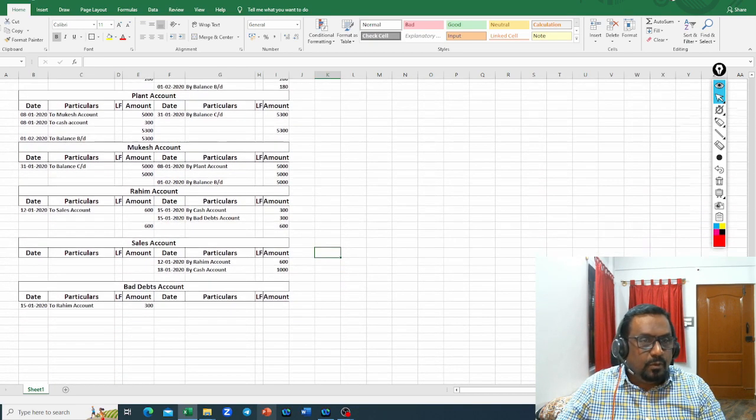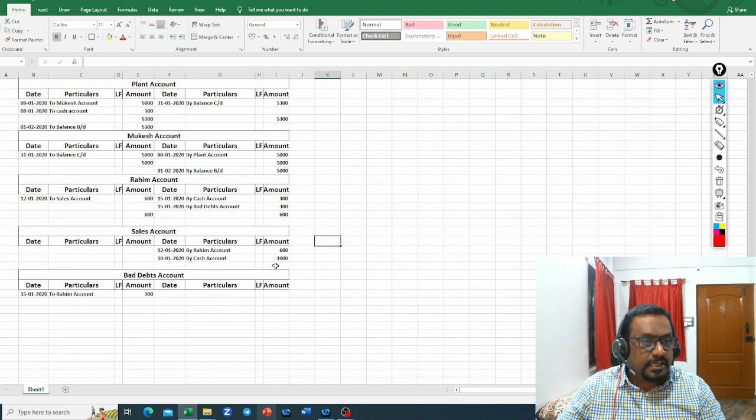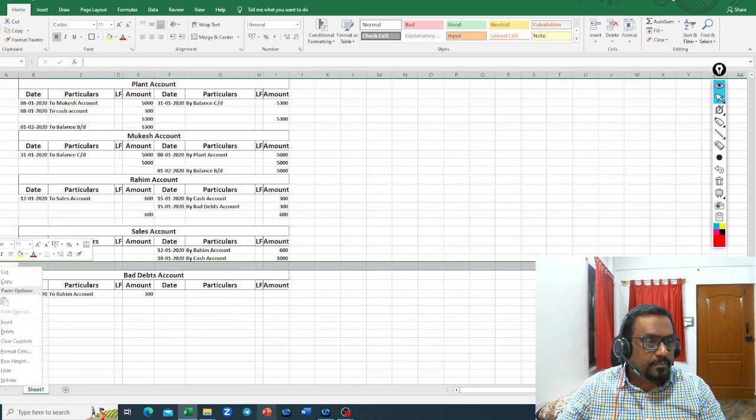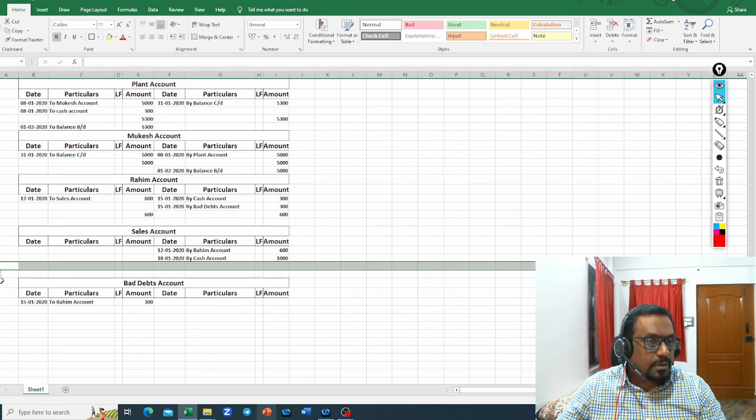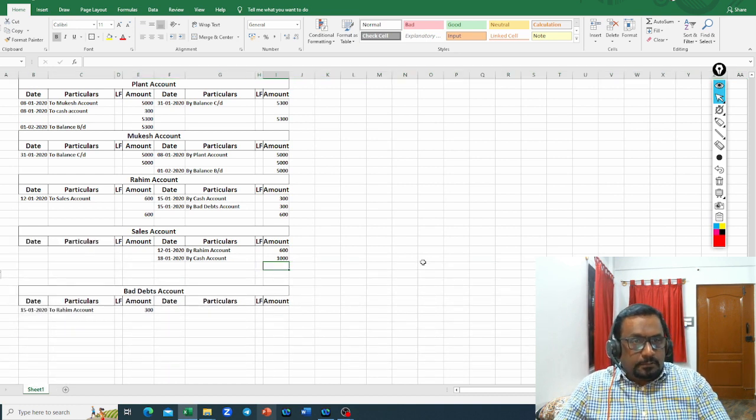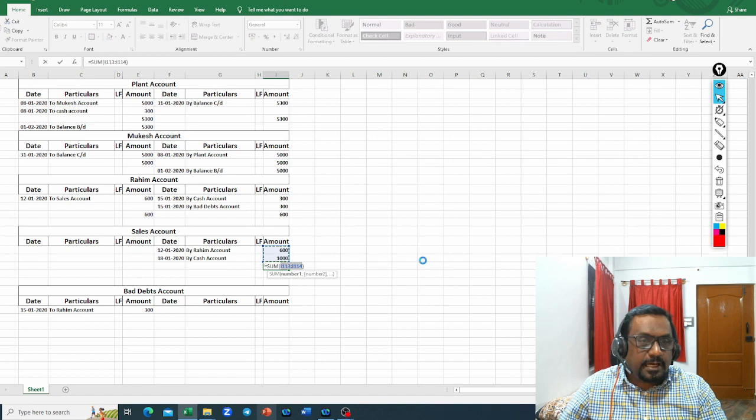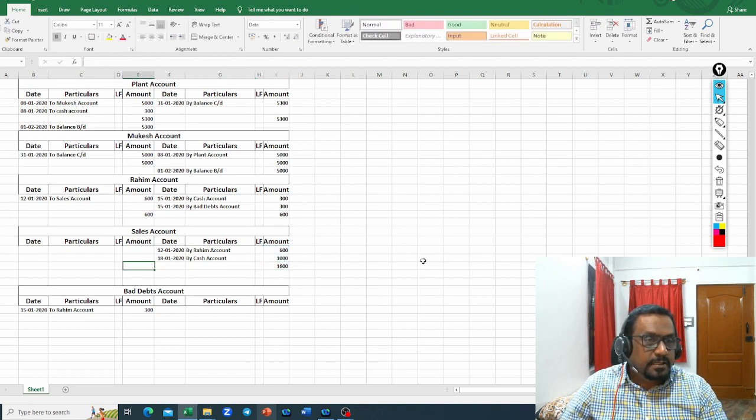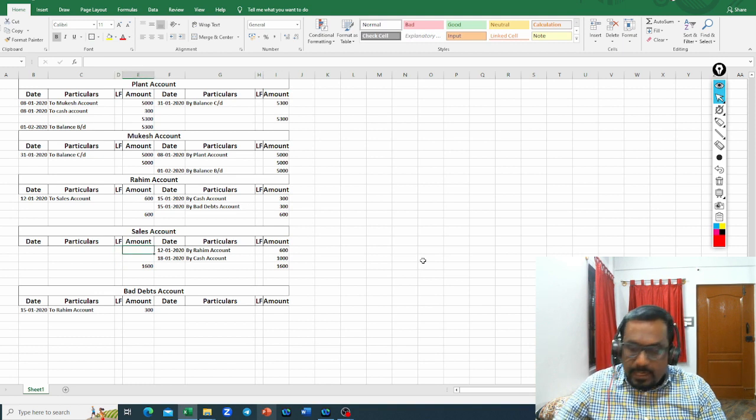Then go to sales account, which is the higher side. Let me insert one row here. Total this side, 1,600. Same amount you need to put this side. Do you have anything to subtract?